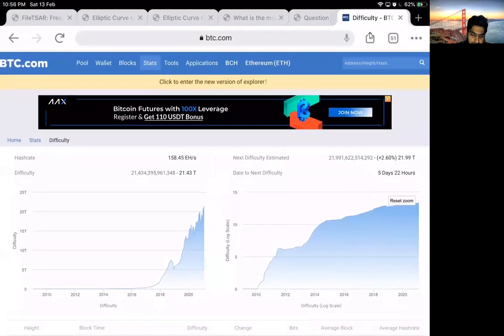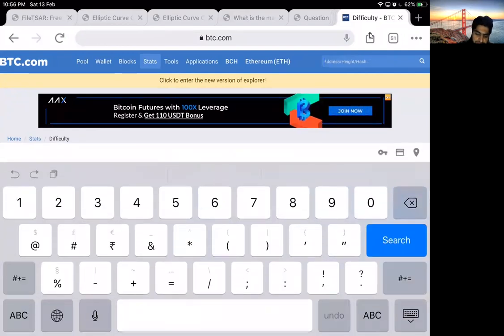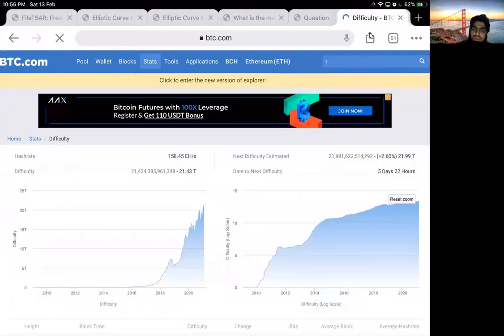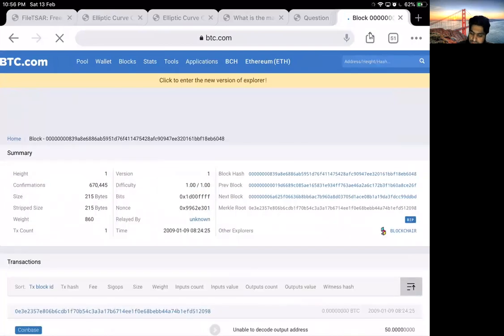I just want to get it from the first block.